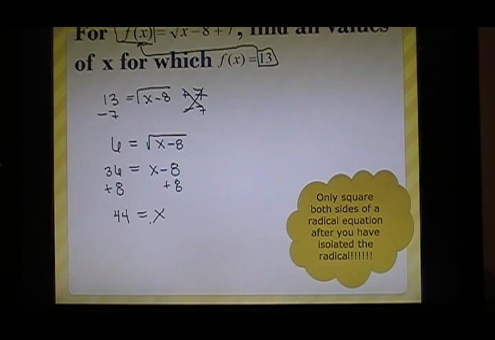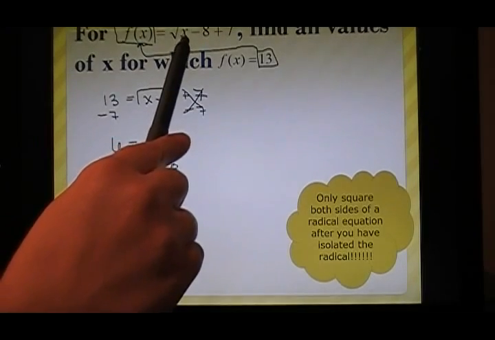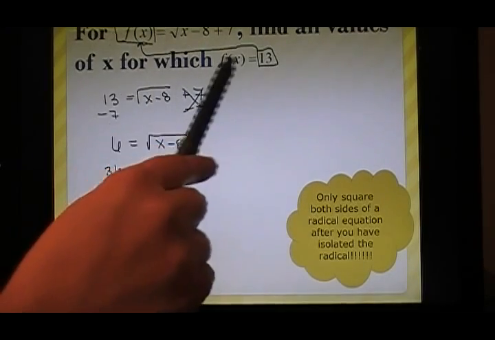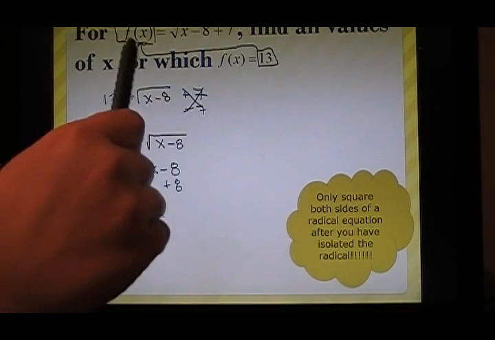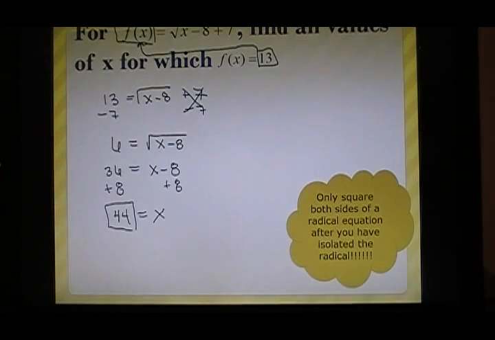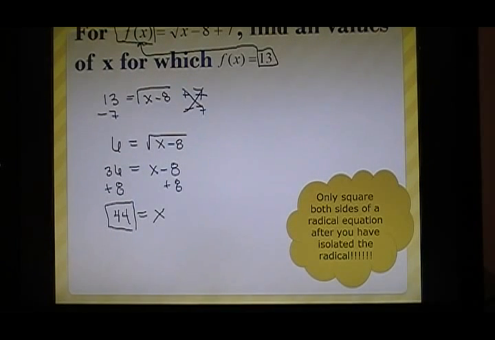That is a true statement. So 44 is the value of x for which f of x equals 13. If I input 44 into the function, the corresponding output is 13. And that's what I'm looking for when it asks me to do all of that.